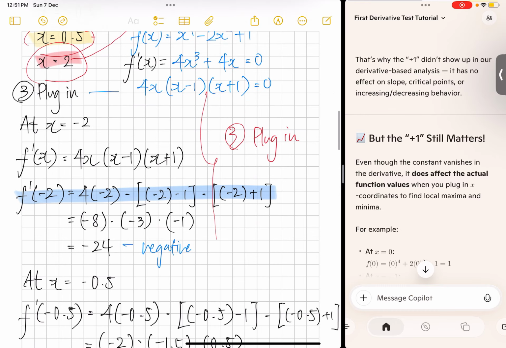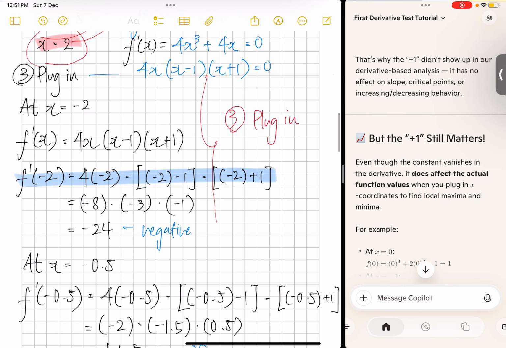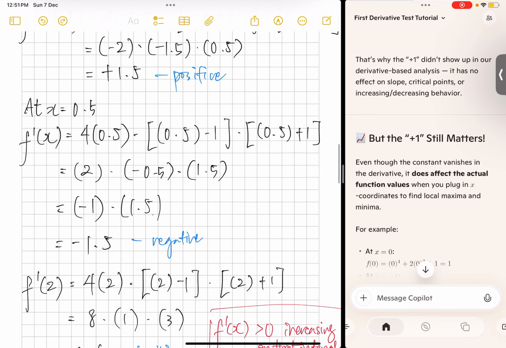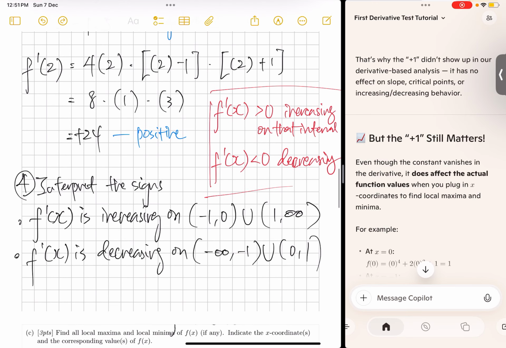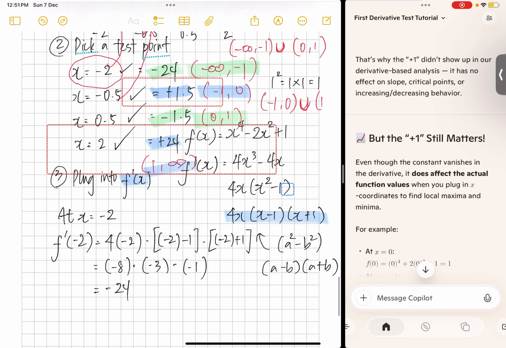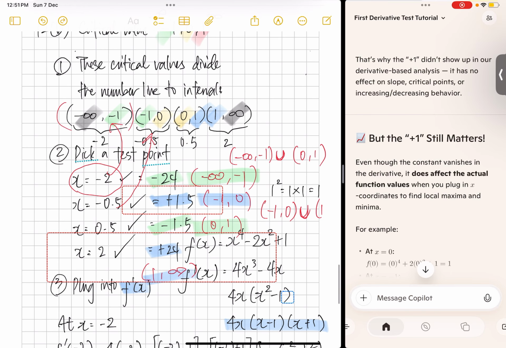After we pick the test point and plug it in, and I can slow it down so you can find the answer for yourself, we have to interpret the sign. That is the fourth step. Interpret the signs. f'(x) is increasing on this. Increasing as in, they are here.